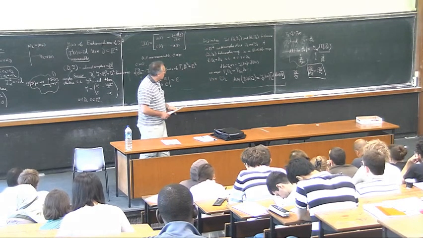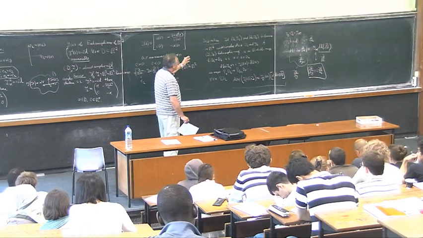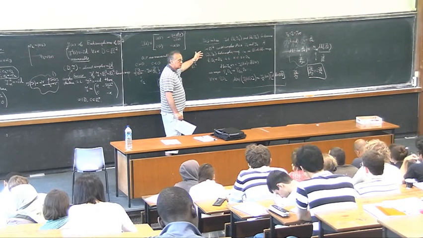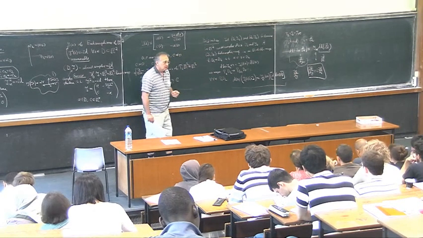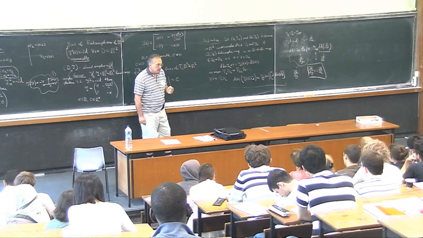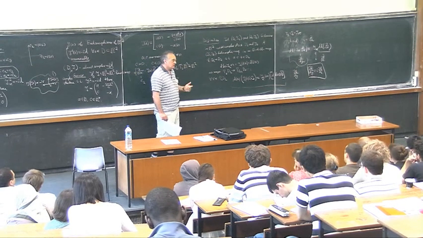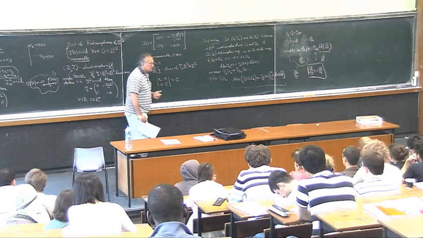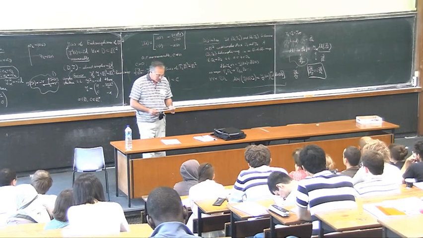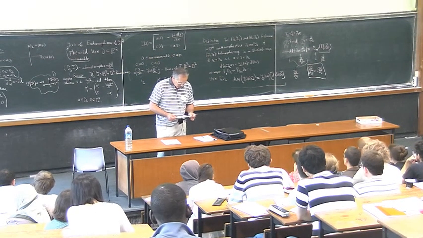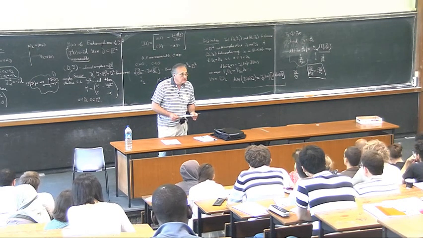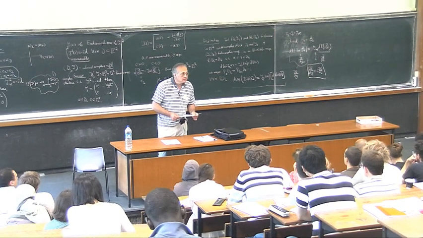So in R2, this general definition, in fact, does not give you a new notion. But this is not the case in R4. And our lectures will be about that. Now, question?